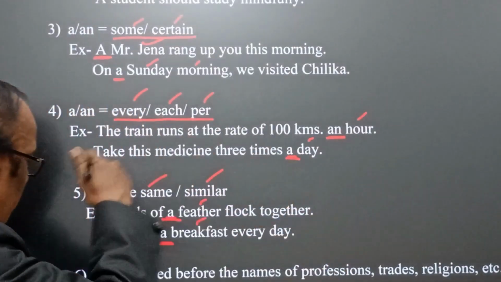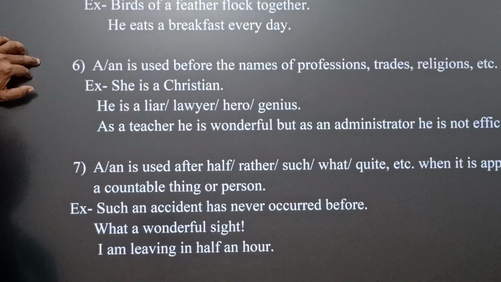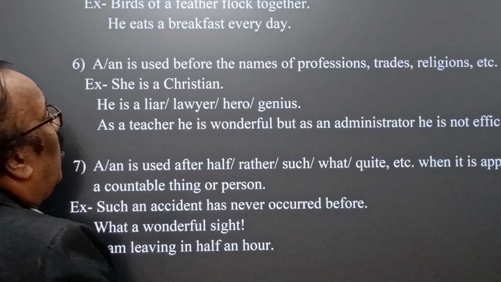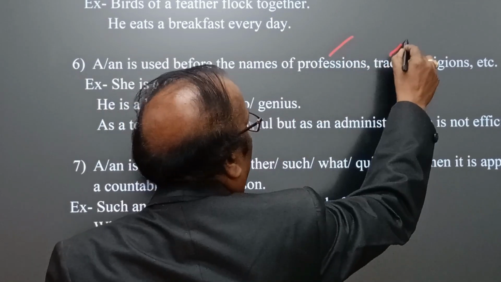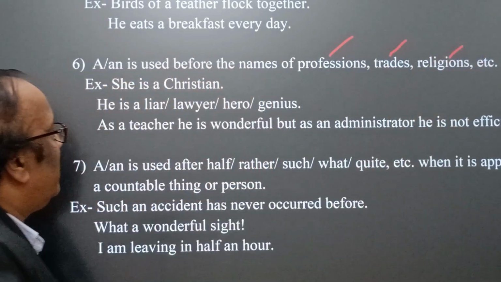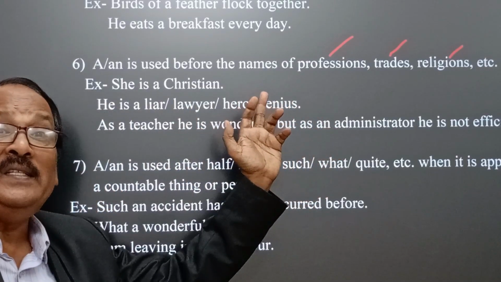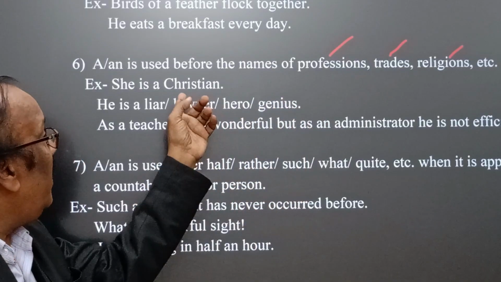Okay, next one. Another idea we find in this connection is how we use a or an before the names of professions, trades, religions, etc. How? She is a Christian. It means she is a Christian by religion. A Christian.